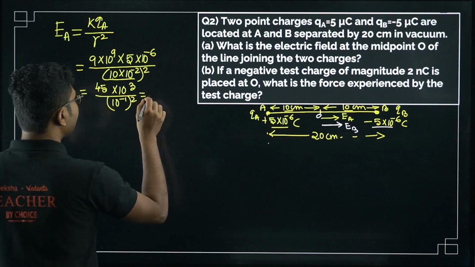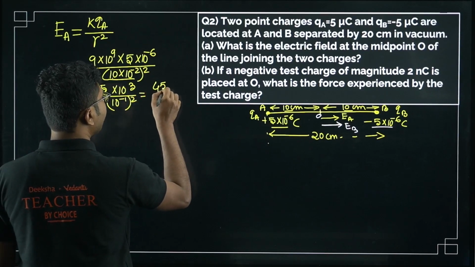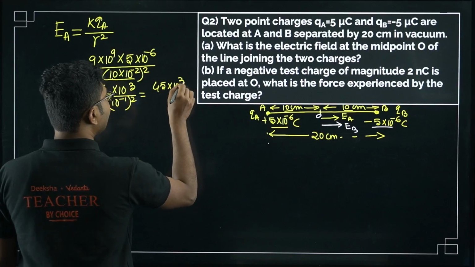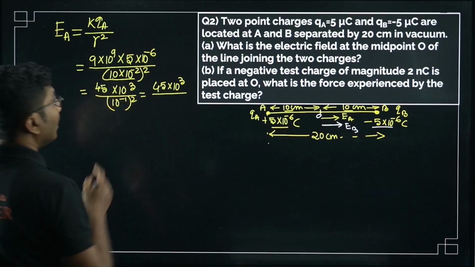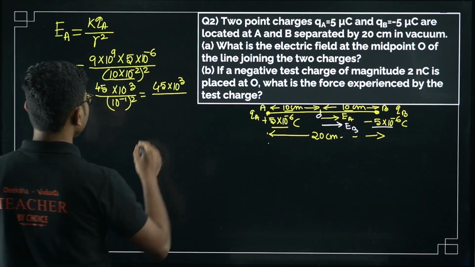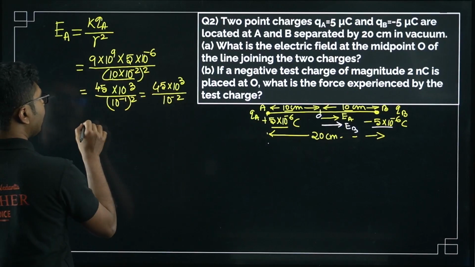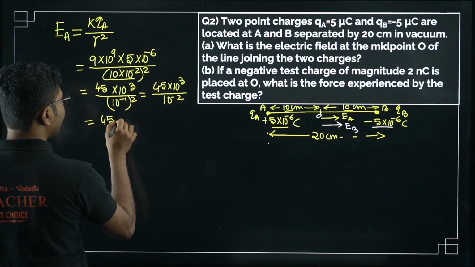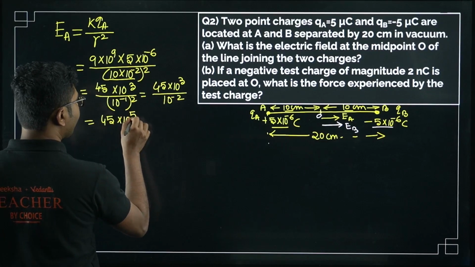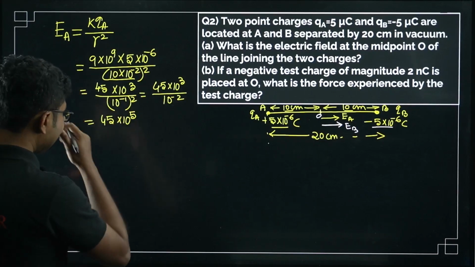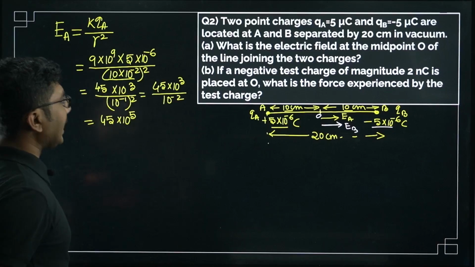So this can be written as 45 into 10 to the power of 3 divided by 10 to the power of minus 2. If you multiply it, you will get 45 into 10 to the power of 5. So this is the electric field due to A.